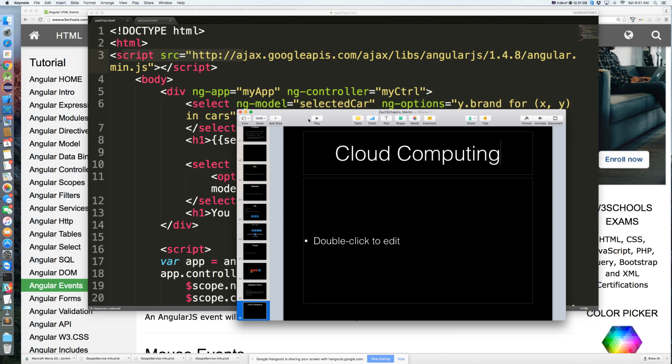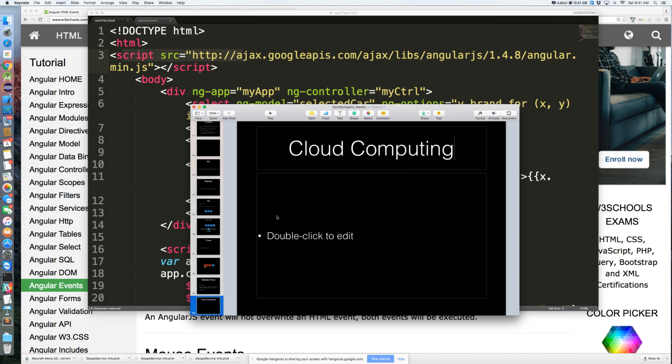In any case, when we talk about cloud computing, I won't spend a whole lot of time on this, but for the sake of the video, what we're really talking about is using computing resources on a different computer.